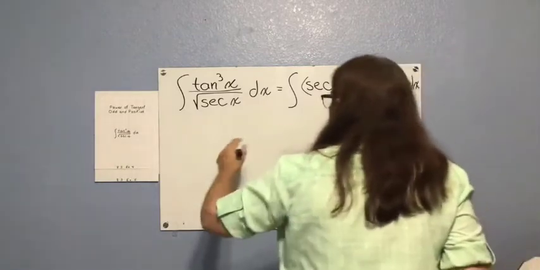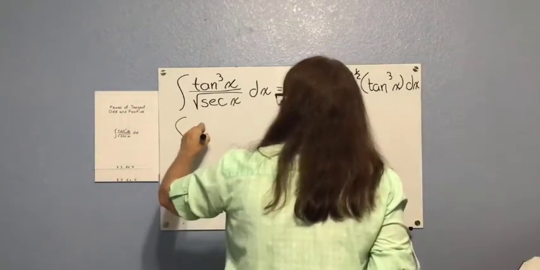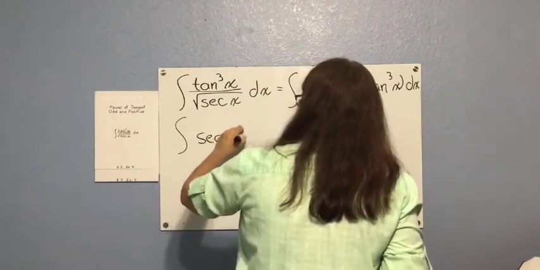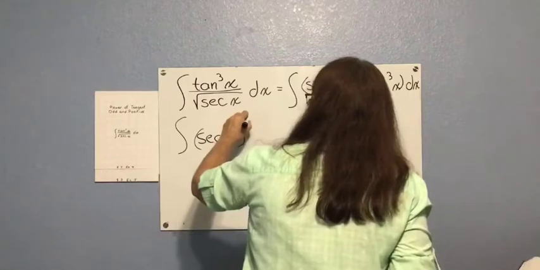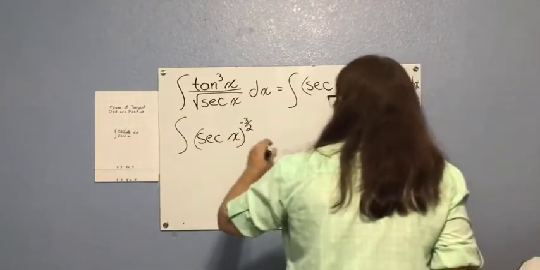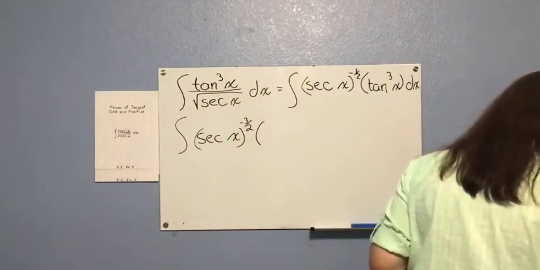So I'm going to have to reduce this exponent so that I can add another one in just a moment.